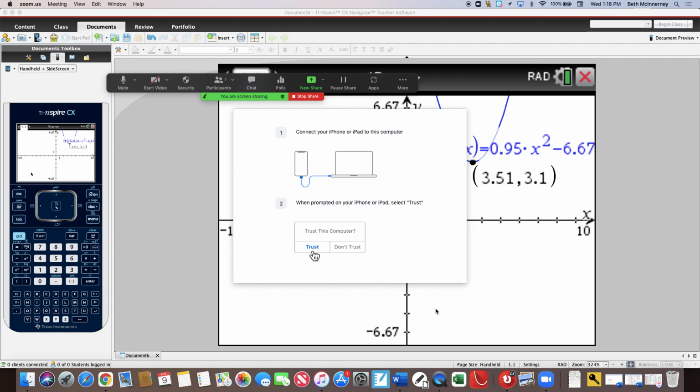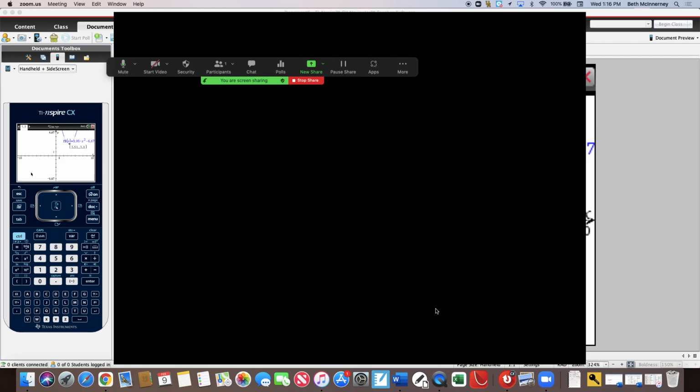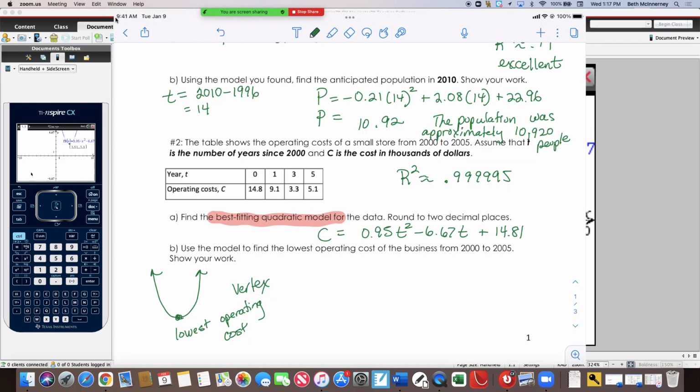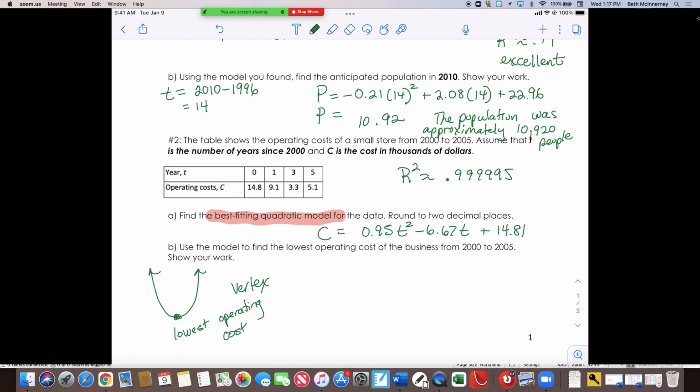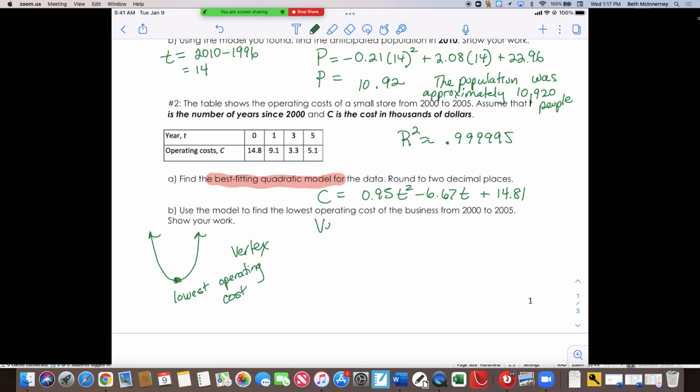Okay, so now let's jot this down, and this is perfect because this was as far as I wanted to go today. So let's finish writing and answering this piece. So if I wanted to know the lowest operating cost, it happens at my vertex, which was 3.5 and 3.1.